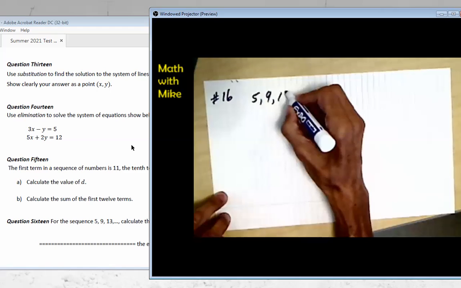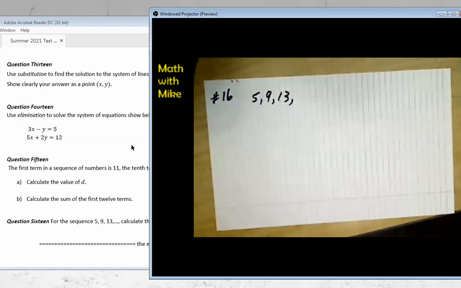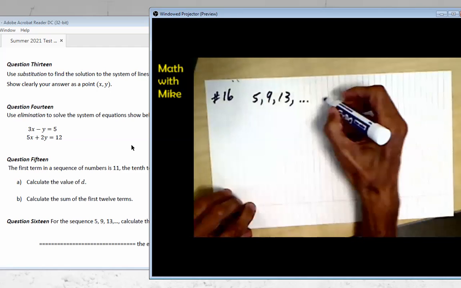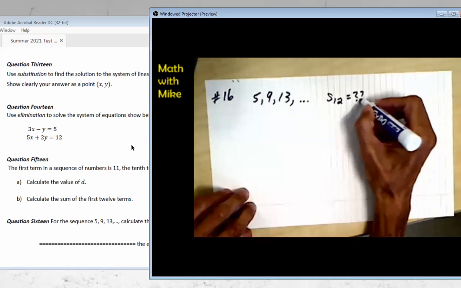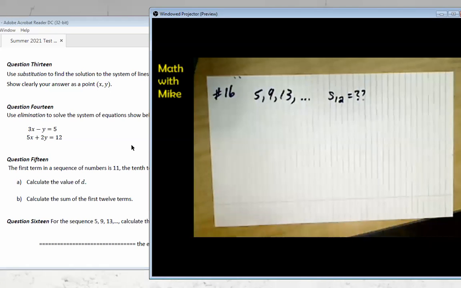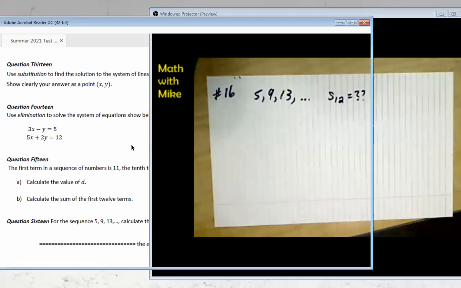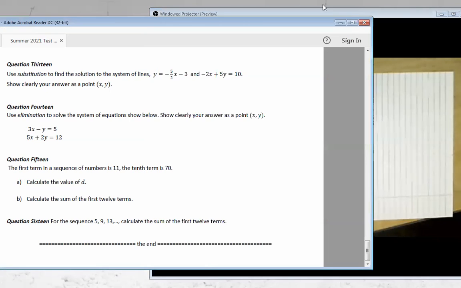It goes on forever. Sum, the answer is infinity. Sum of the first 12 again. S12 is equal to what? And that's just off the screen, right? 5, 9, 13, sum of the first 12 terms.